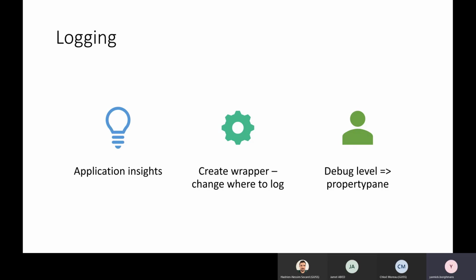So when there are really issues in production, you can immediately edit the page, edit the web part, and change the debug level inside of the property pane, so you get more information inside of your console or inside Application Insights. And when everything is working fine again, you can change it back to errors only, for example.